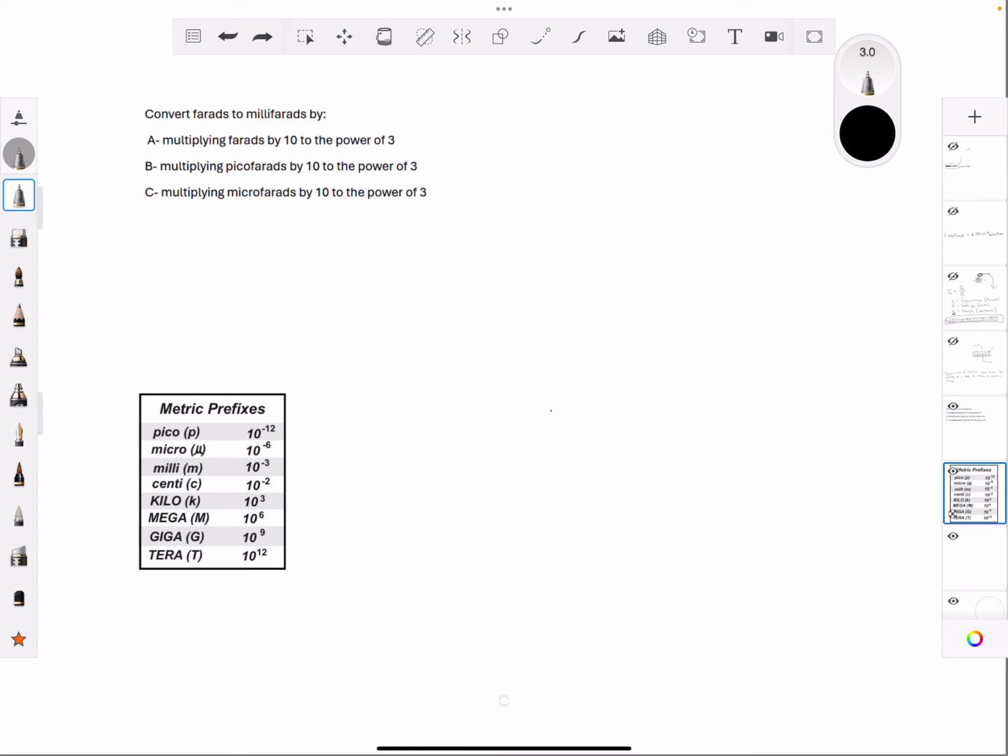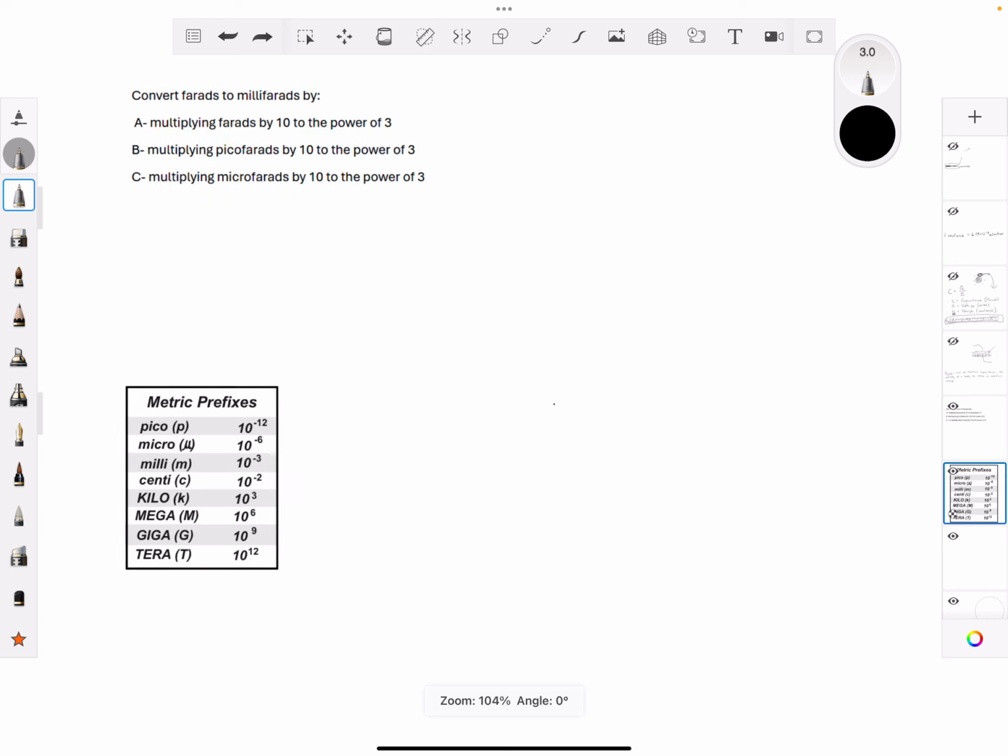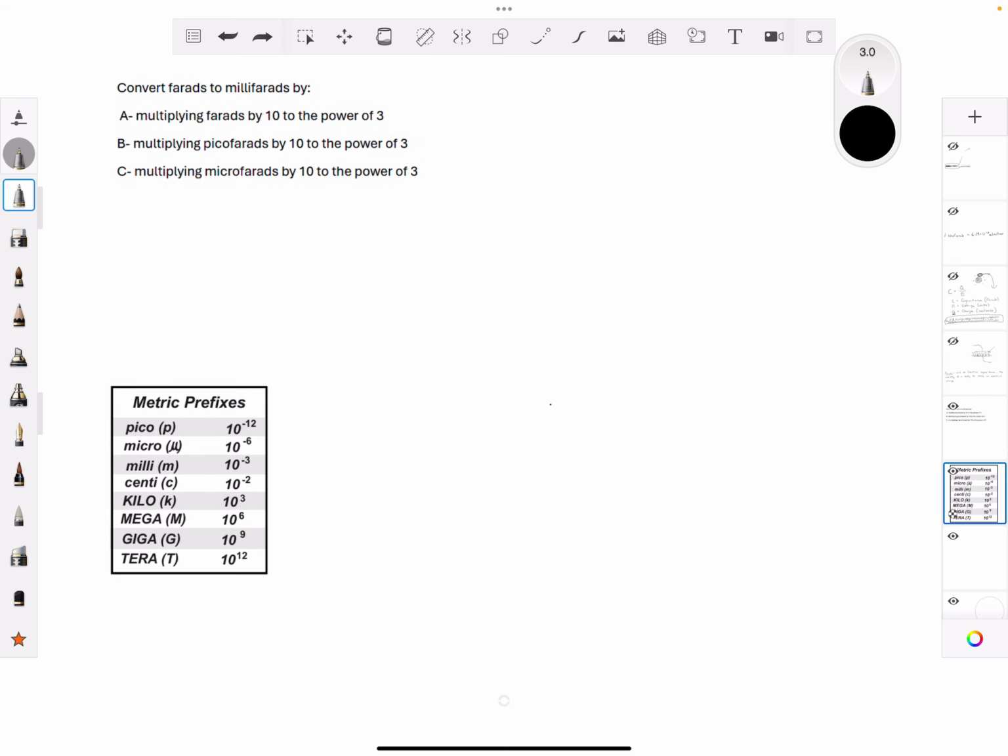So we have one of them, just like we had our 1 meter. But what we need to do is convert it to millifarads, right? So if I had 1 meter, 0 to 1 meter, and I wanted to convert this 1 meter into millimeters, I would have to divide this into 1,000 pieces, right?